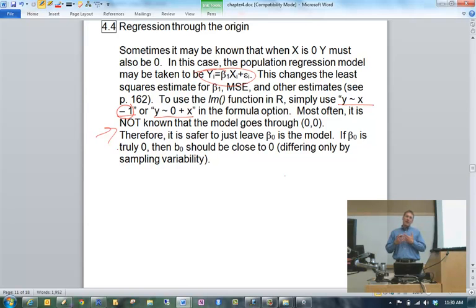So often it's just safer to say, okay, why don't you just go ahead and estimate beta 0? And if truly, when x is equal to 0, y should be equal to 0, well, what should beta 0 be? What should its corresponding estimate be? Approximately 0. So in the end, it's not going to hurt you if you leave beta 0 in your model.